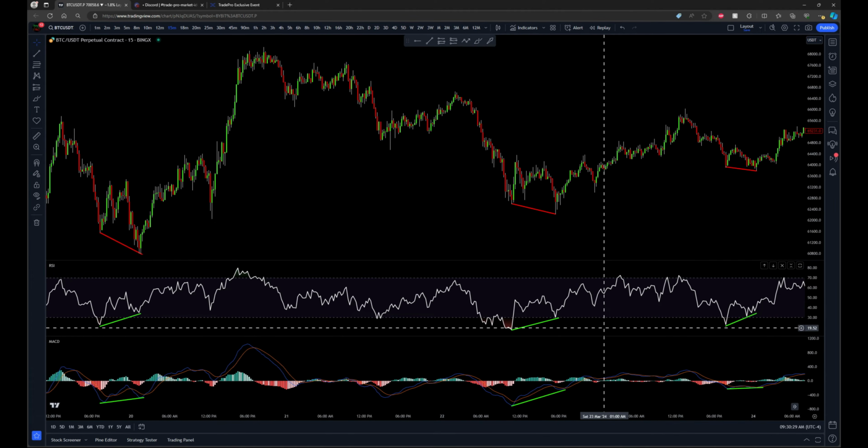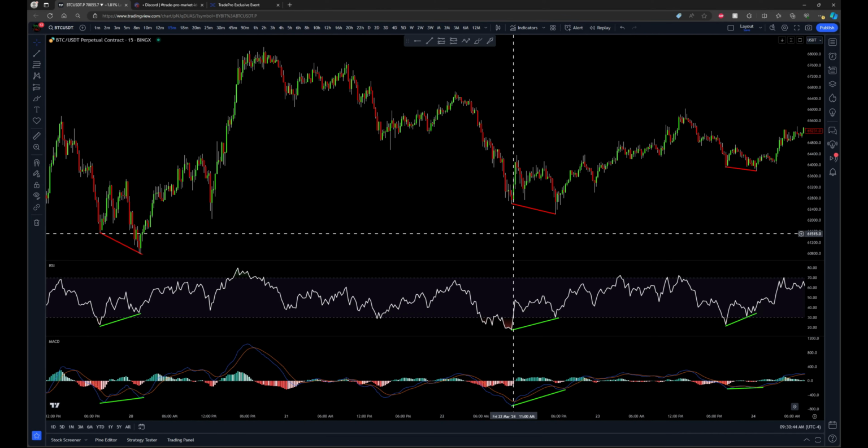Now let's take a look at some regular bullish divergence. Then we'll look at some regular bearish divergence in just a sec. These ones have formed recently. I'm on a 15-minute time frame. I've marked them in here. So what is a regular bullish divergence? Well, it's when price makes a lower low, but at the same time our indicator makes a higher low.